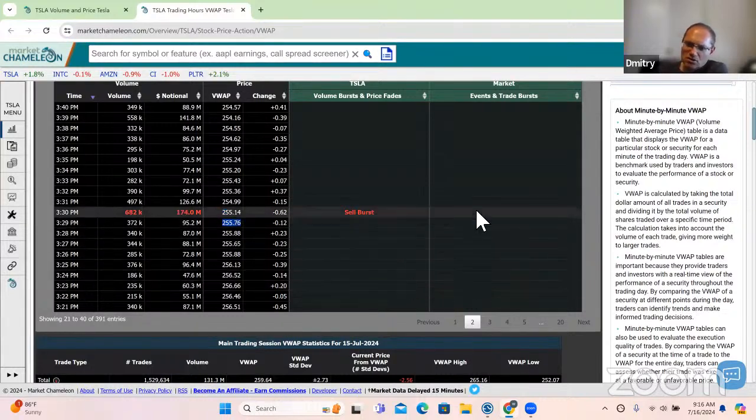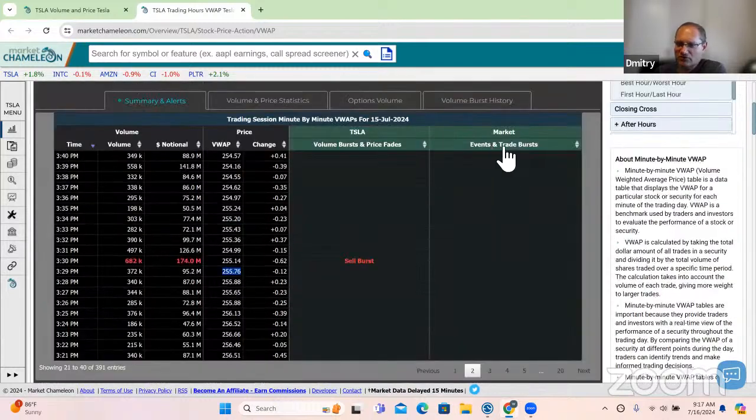Now, we try to scan the markets for anything that may have happened around that time that could potentially be connected or linked to the sell burst. And over here to the right, events or other trade bursts, we didn't detect anything. Doesn't mean there's not something out there that we didn't detect, because we're looking through the information that we have. There could always be stuff out there we don't see.